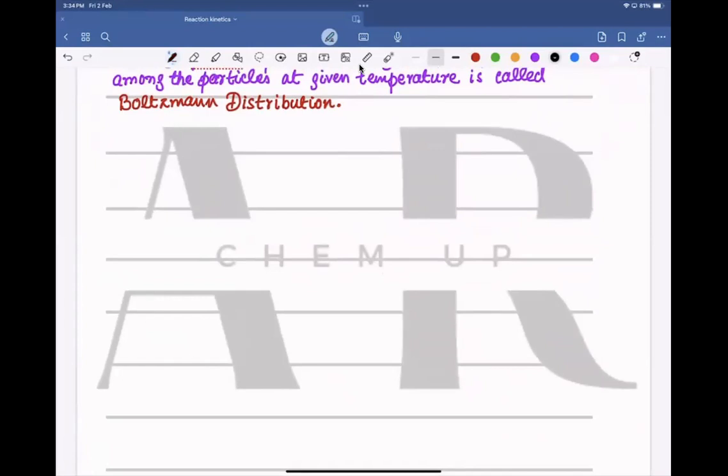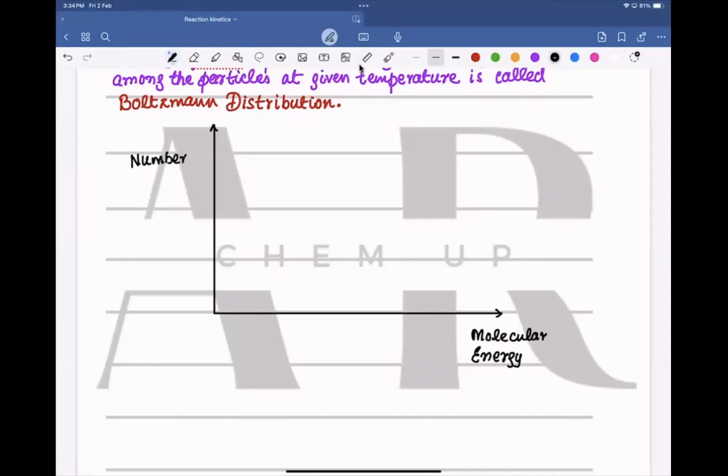So on the x-axis, we keep molecular energy, and on the y-axis, we keep the number of molecules.